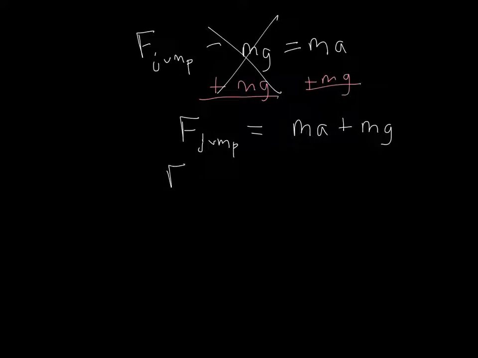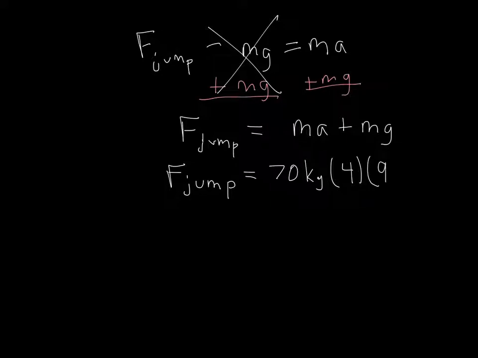So F jump now is equal to the mass, which was 70 kilograms, times the acceleration, which we know is equal to 4 times g, the acceleration due to gravity, 4 times 9.8, plus the mass times 9.8.